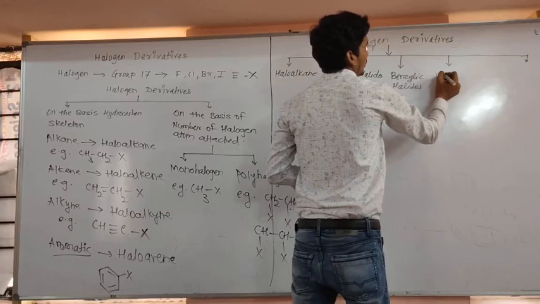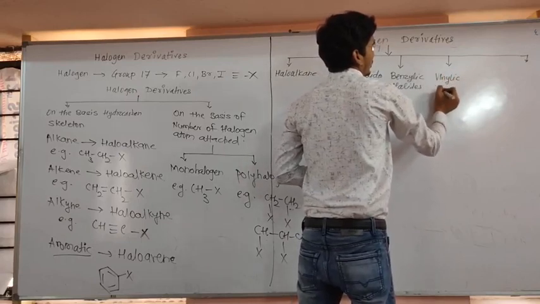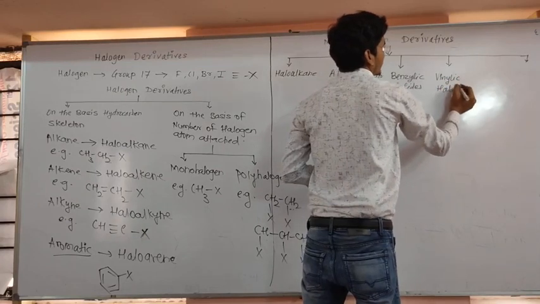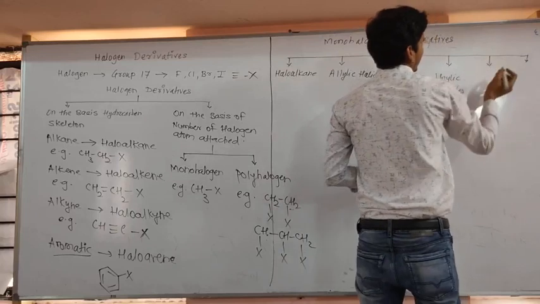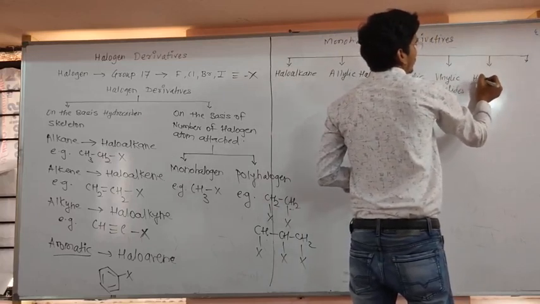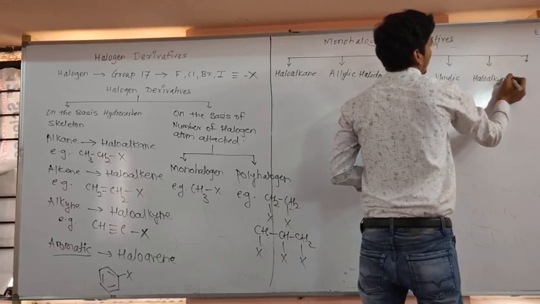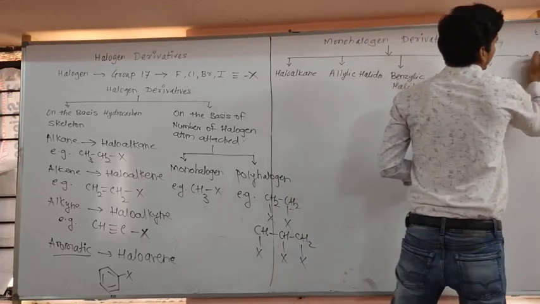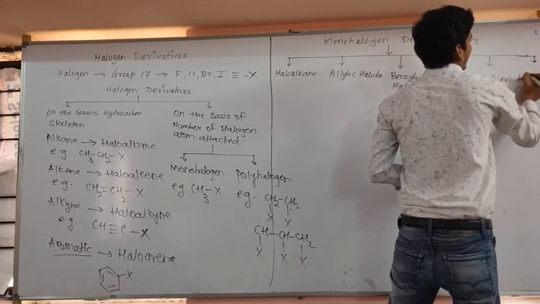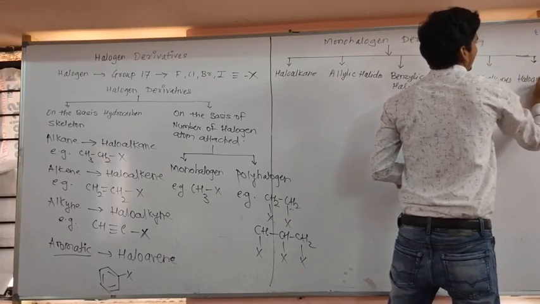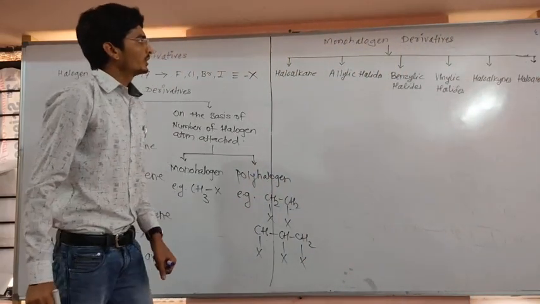Next one, vinylic halides. Next one, haloalkynes. And last here, that is the haloarenes. So this is a classification of monohalogen derivatives.